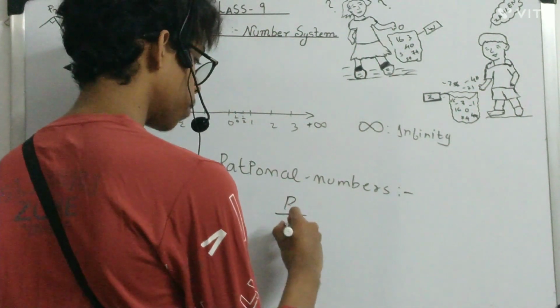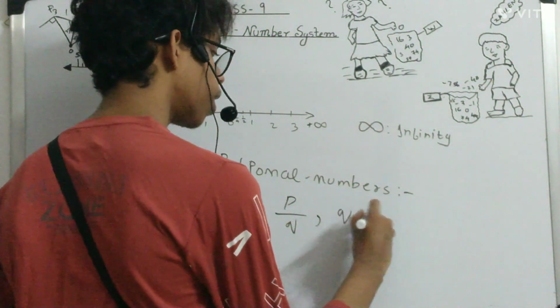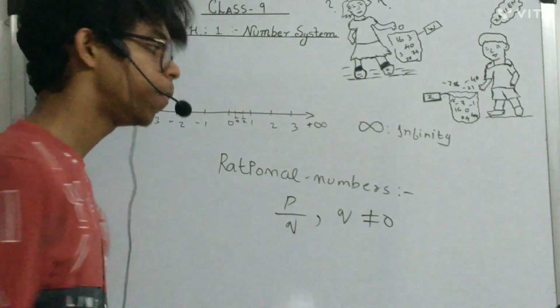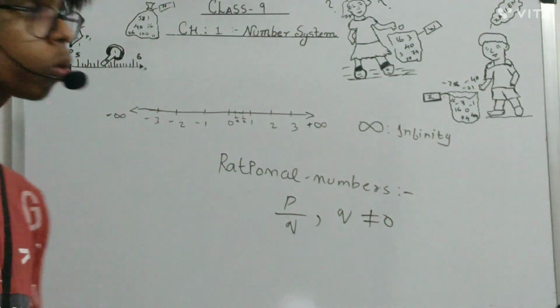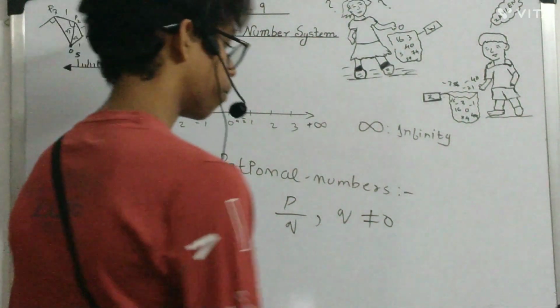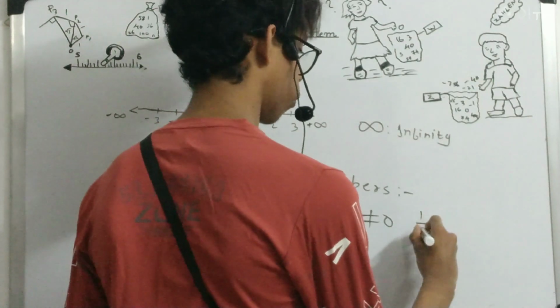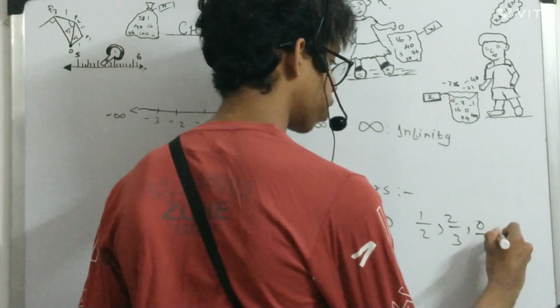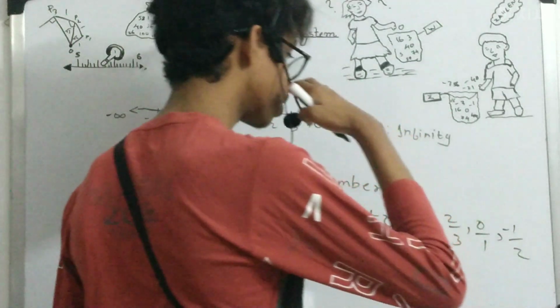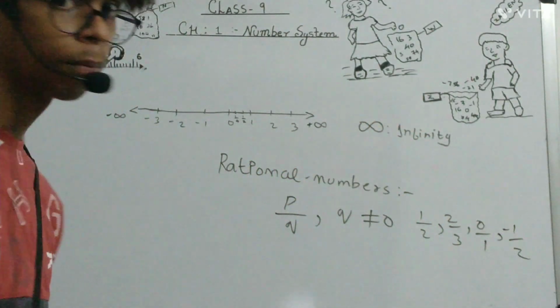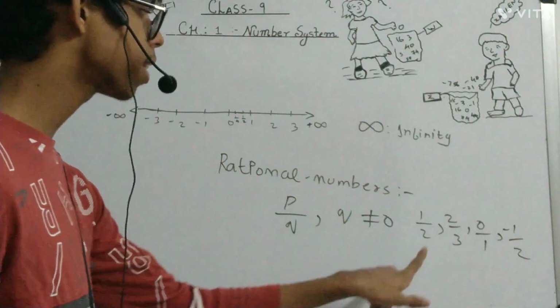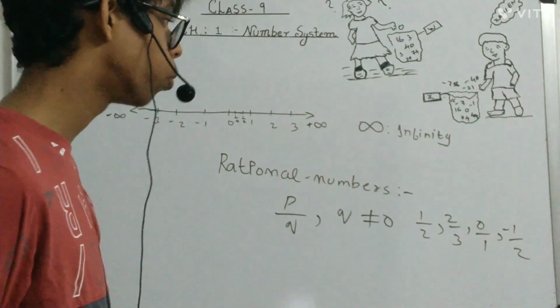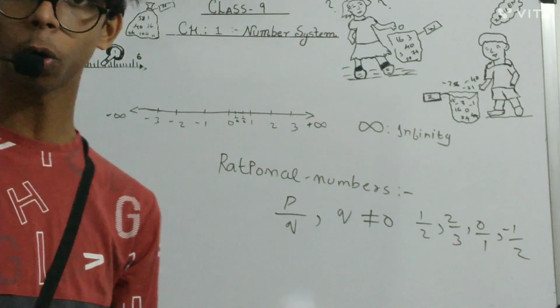Basically, rational numbers are fractional numbers. For example, 1 by 2, 2 by 3, 0 by 1, minus 1 by 2, etc. All these are rational numbers, because all of them can be written in the form of p by q, where q is not equal to 0.